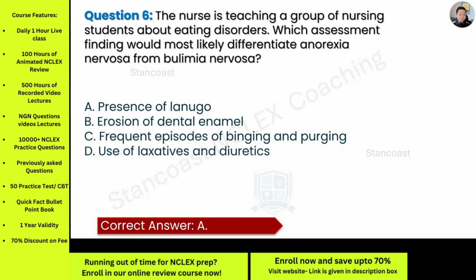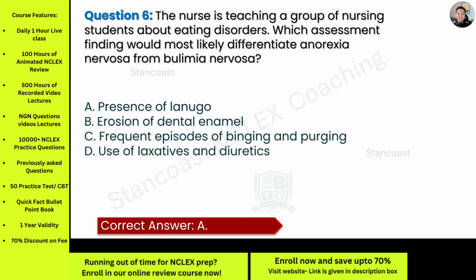For letter C, which is also an incorrect option, take note that bulimia nervosa is characterized by recurrent episodes of binge eating followed by purging, vomiting, excessive exercise, or excessive use of the laxatives.